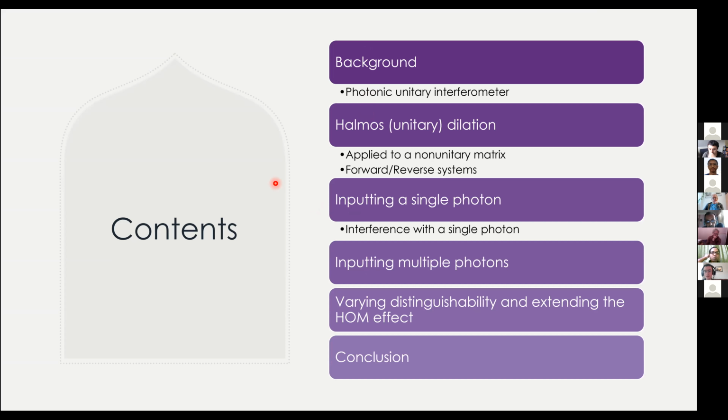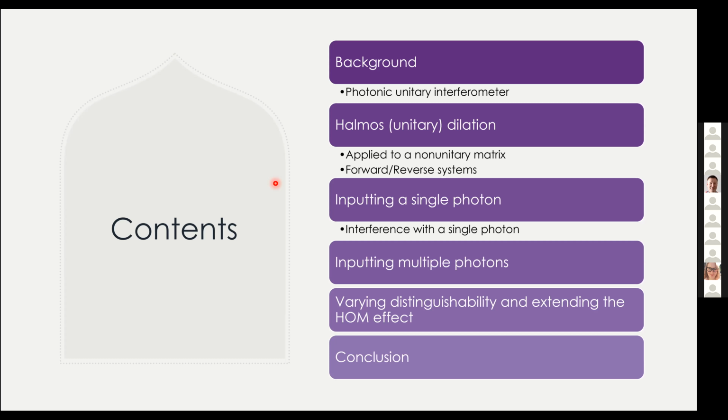So we apply this method of unitary dilation to a non-unitary matrix, which in this case is an exponential of a PT-symmetric Hamiltonian. And then from there, we use this to describe coupled forward and reversed PT-symmetric systems. And then into this chip, you can input single photons or multiple photons.